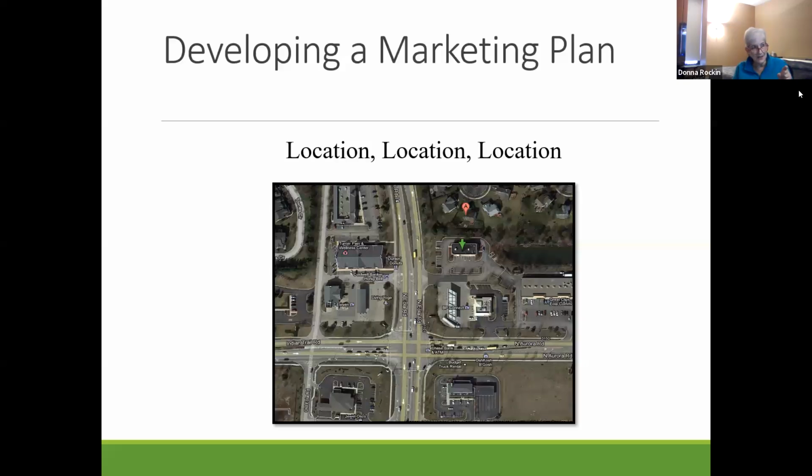This slide is a little hard to see, but if you look at that green little arrow, the green arrow is a Dunkin' Donuts, and the two cross streets are North Aurora Road and Eola in Aurora. And there's some of the busiest, backed up intersections during drive times in Aurora.